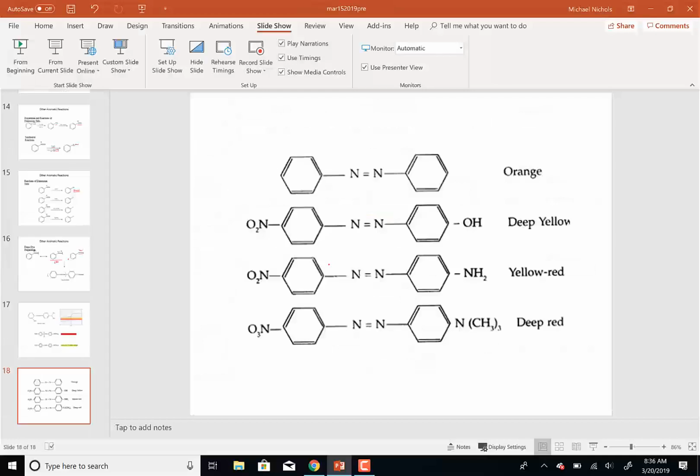Okay. So those are all the diazo dyes, and also the diazonium salt reactions. Right, so until you do some practice problems, you won't have a real good sense, but that's how we can make those different molecules.